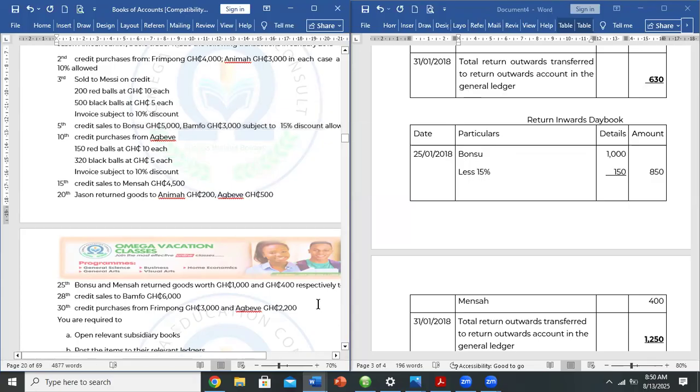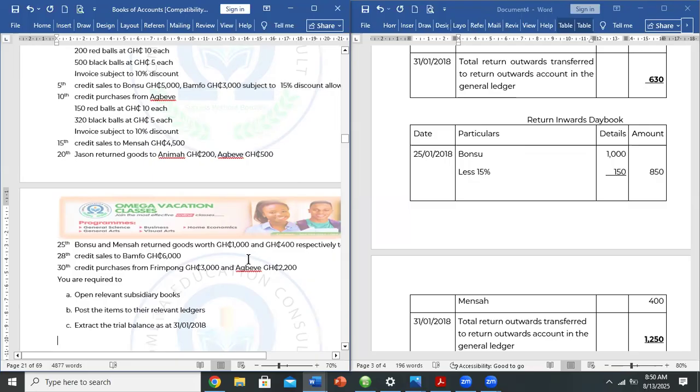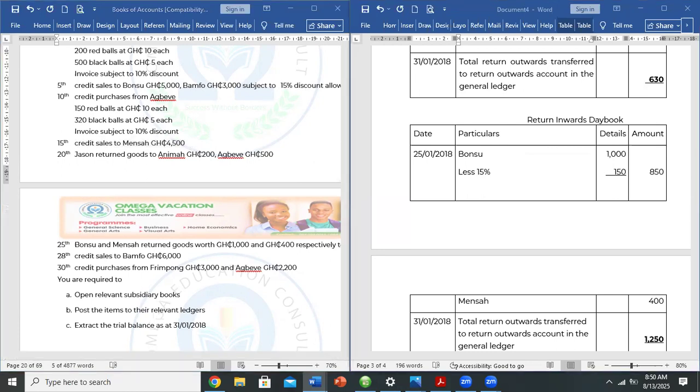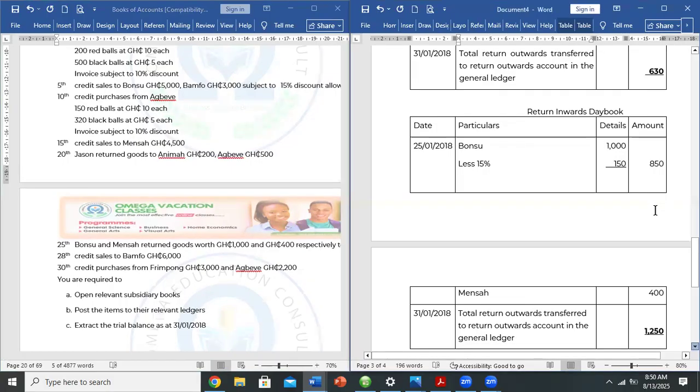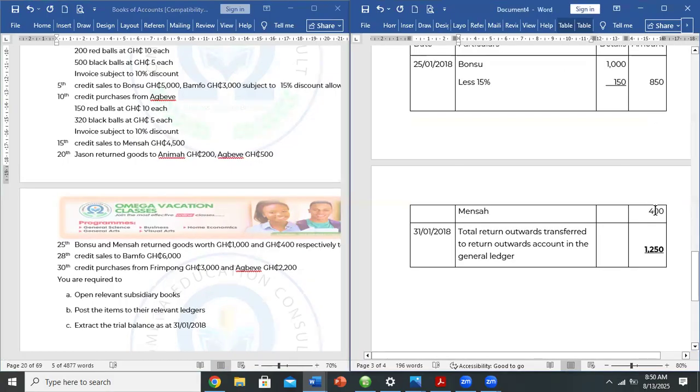Please take note of that. Don't ever miss that point. For the second person, Mensa, if we check the sales we made to Mensa on the 15th, there was no discount. That is why for the return invoice from Mensa, there is no adjustment for the trade discount.